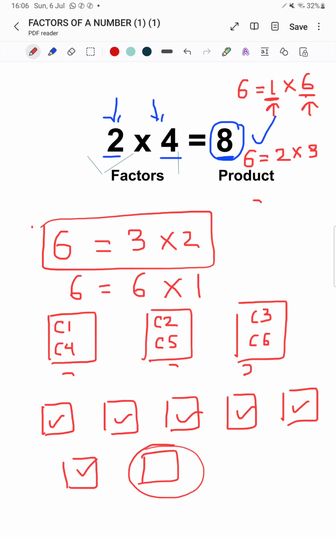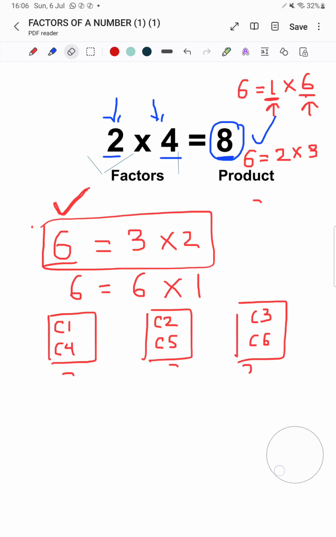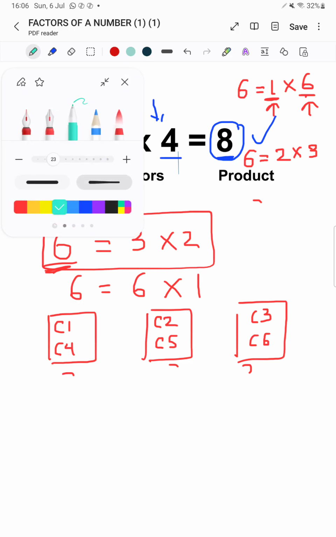So what I see is, if the total number of cookies is 6, I cannot arrange them as one whole cookie in each plate for more than 6 plates. So that means I cannot write more multiplication sentences when my number is 6 and I take more than 6 plates.